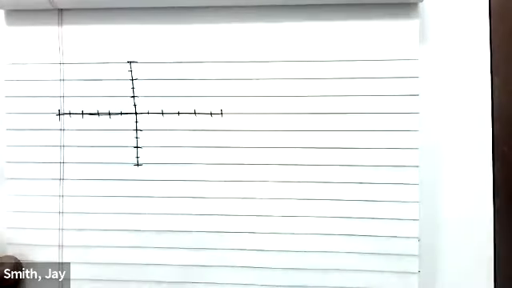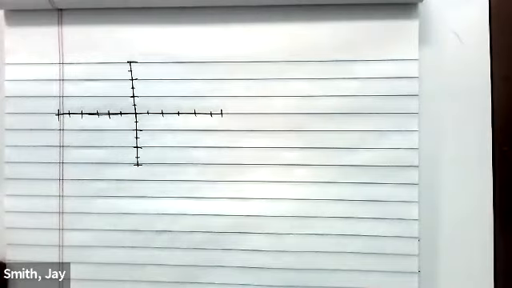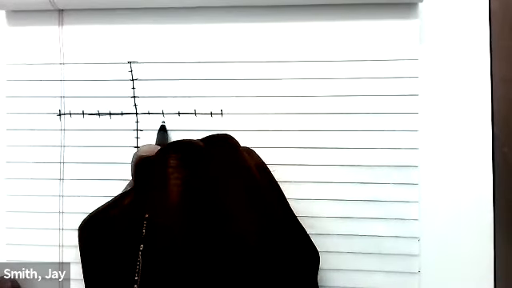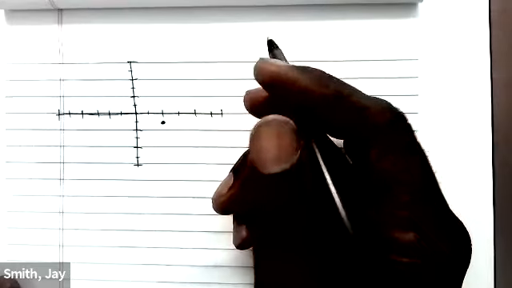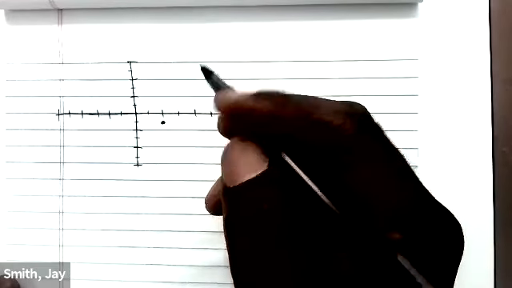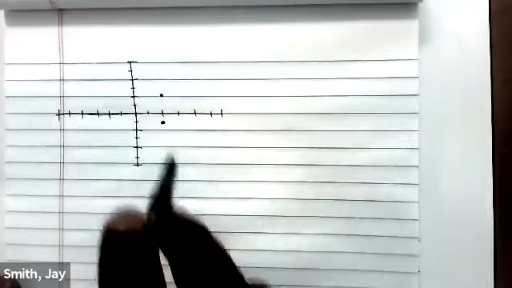All right, so we're given a circle whose center is at the ordered pair (2, -1). We're going to the right 2, down 1. It also has a point at the ordered pair (2, 2).